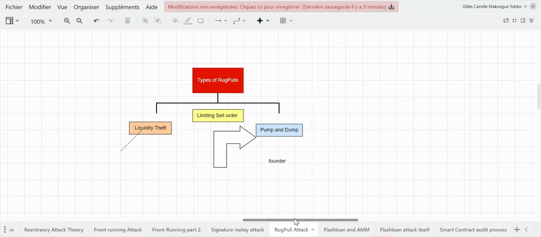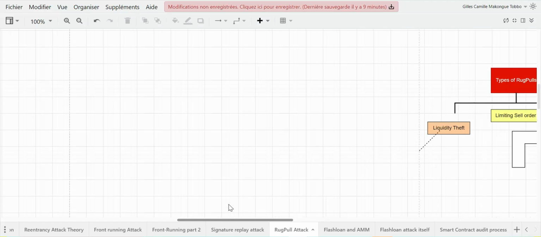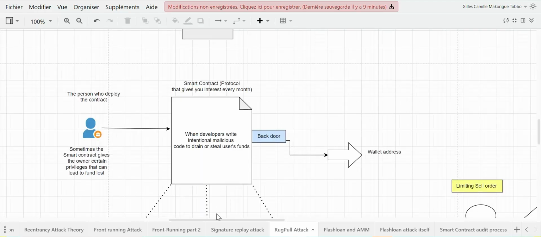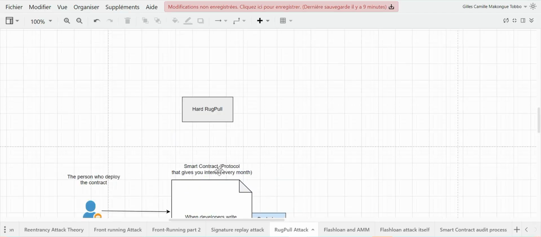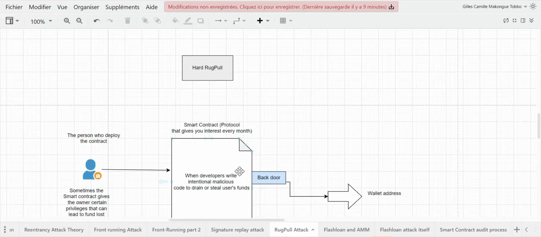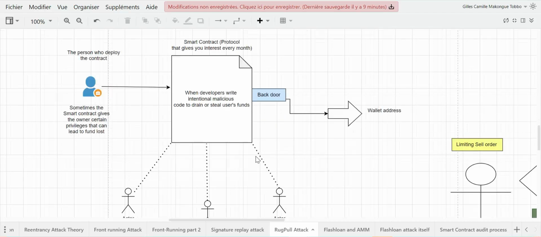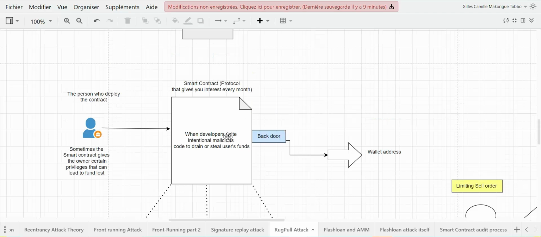So the money will be stolen from the smart contract. We're going to see that right now. Let's consider this is what we call a hard rug pull, because they are going to move some money. They are going to go with the money that you invested. So you can see that this is the person who is going to deploy the smart contract.